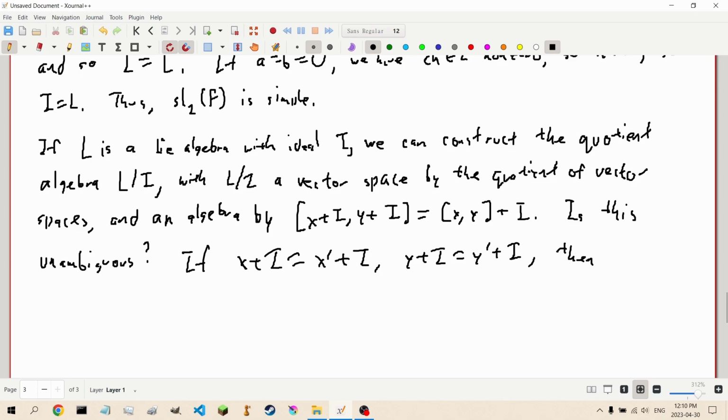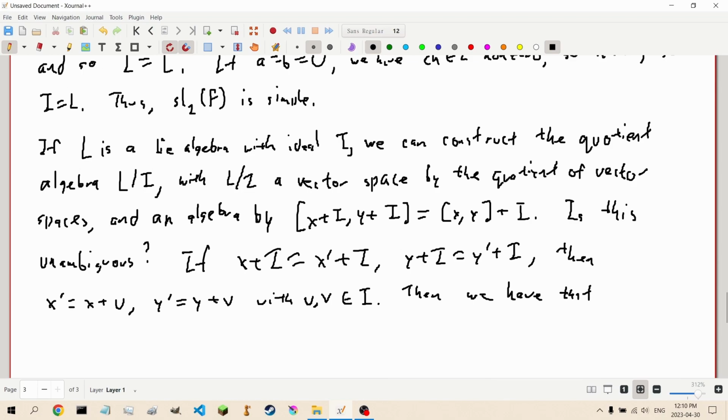Then we can alternatively write this as x prime equals x plus u, and y prime equals y plus v, with u and v coming from our ideal. And so we have two arbitrary representatives of our equivalence class.